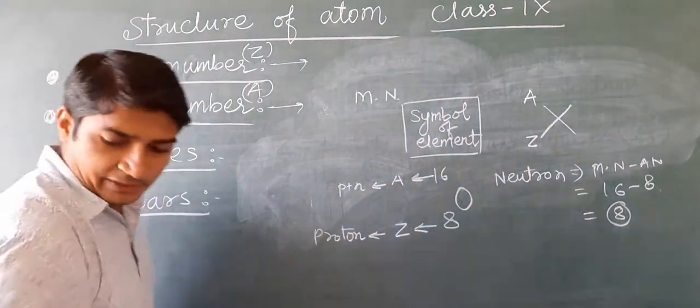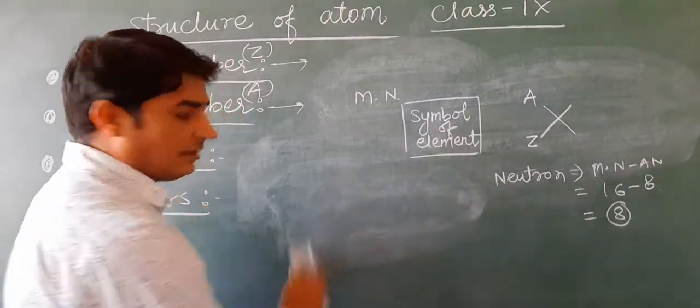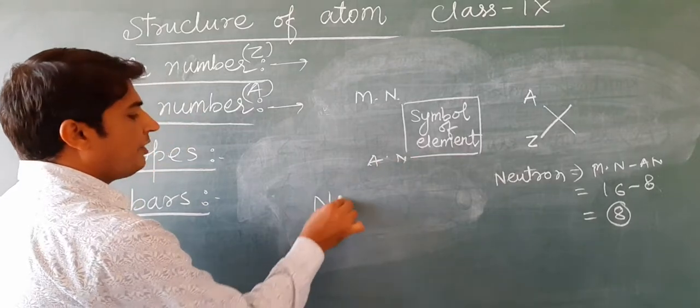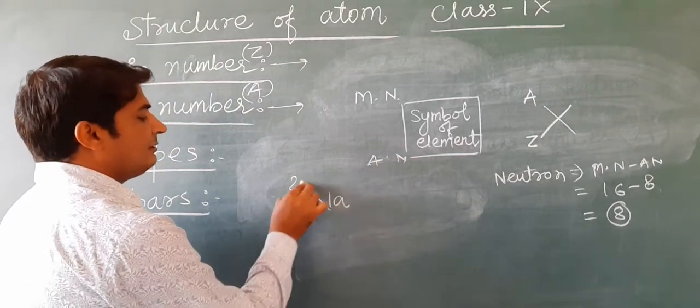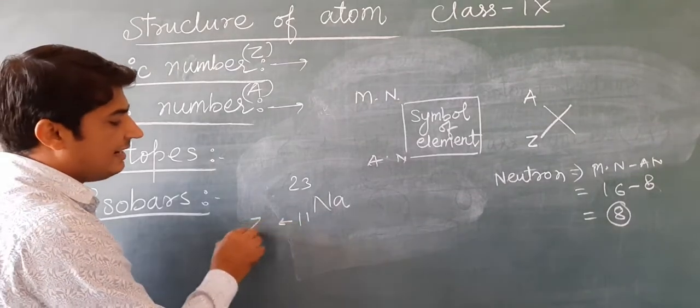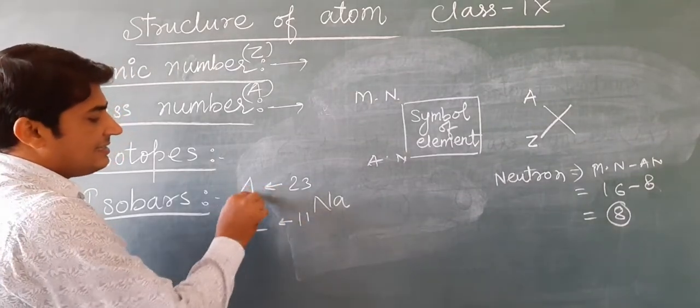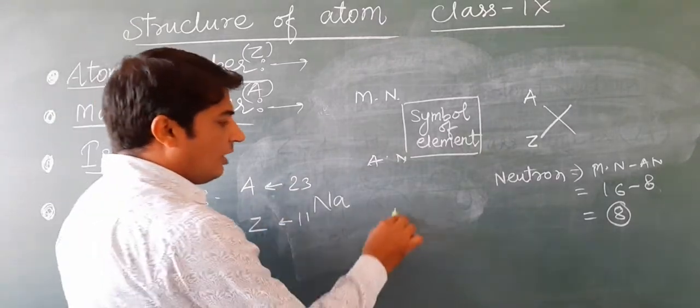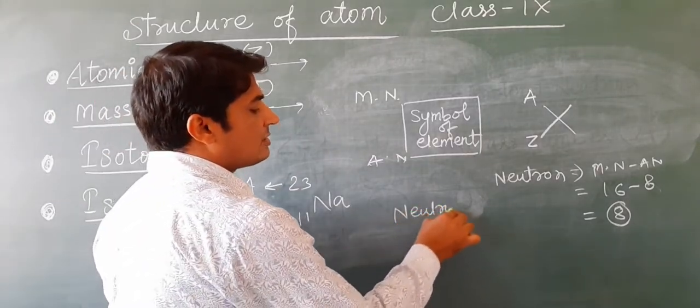Okay. For example, in another atom, we are just writing the atom of sodium. 11Na23. 11 is Z, the atomic number. 23 is A, the mass number. So how can we calculate the number of neutrons?